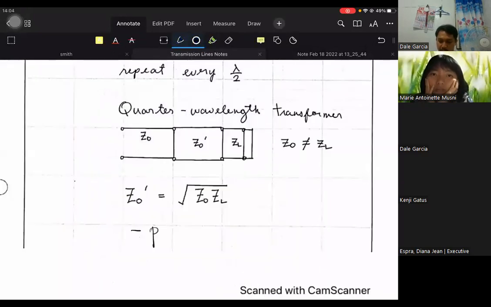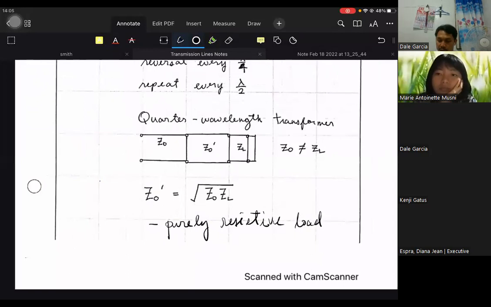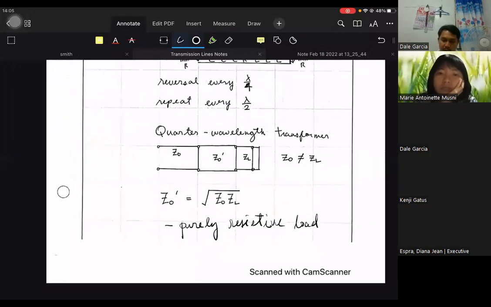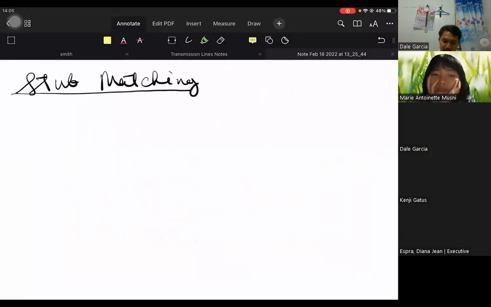This will only work for a purely resistive load, meaning our load has no reactance. What we insert between the load and the line is an exactly 1/4 wavelength piece of transmission line, and its characteristic impedance can be obtained from this equation. But most of the time, this is not the case. The more common occurrence is when mismatch occurs and the load is a complex impedance.